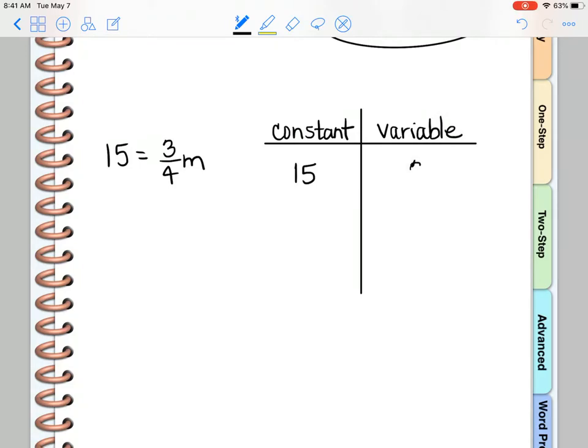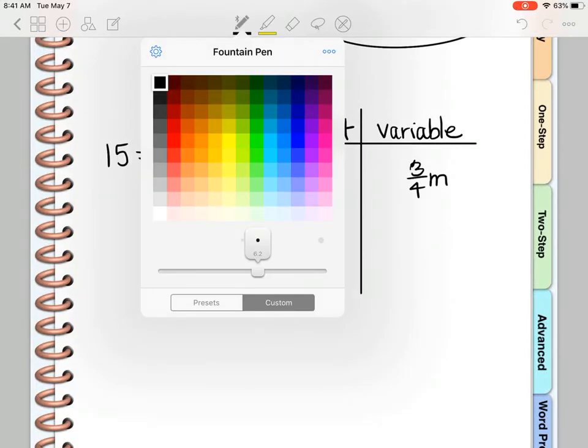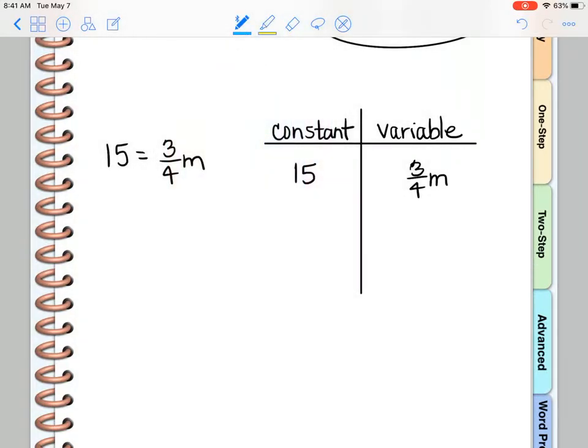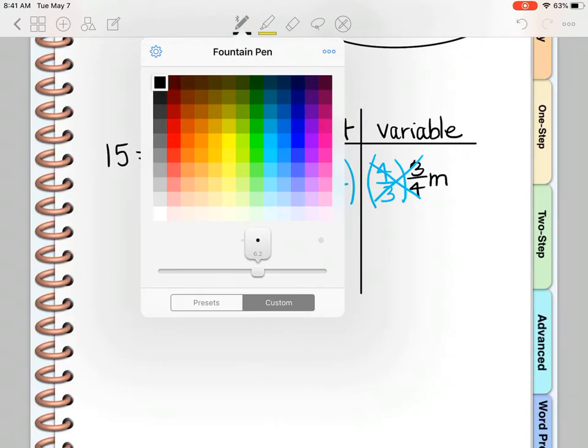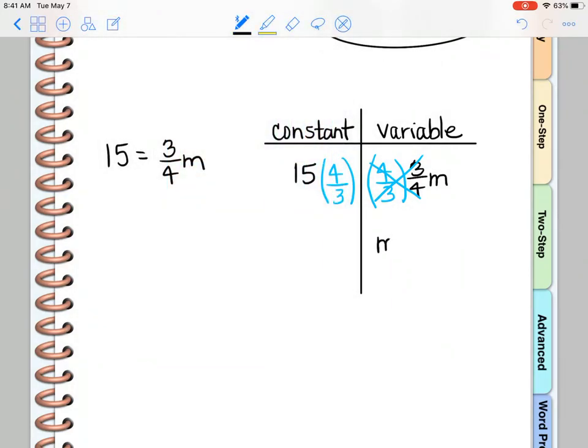So 3/4 M. And to get rid of that fraction, you know what to do. You have to do the reciprocal in parentheses, and you do that to both sides. Algebra is all about equality. So we're left with M on this side. And then 15 times 4/3 equals, this one is nice and even, just a 20.